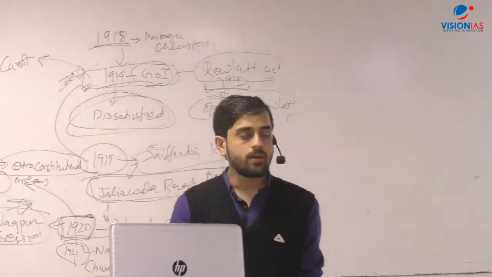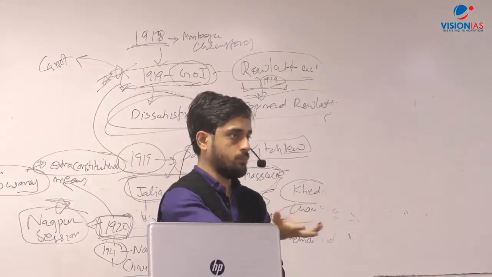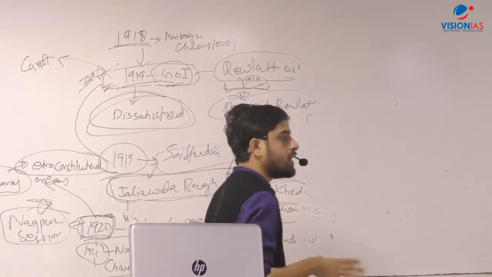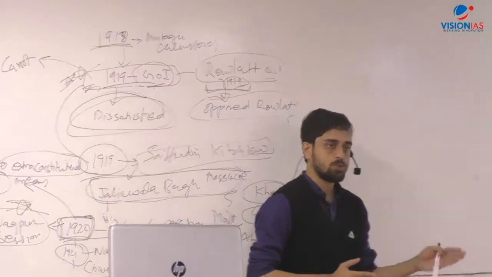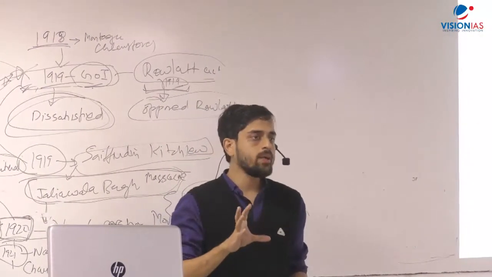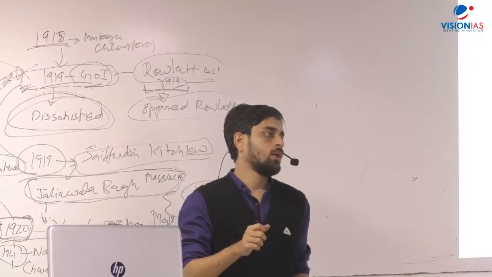While the moderates wanted to support the British, primarily expecting a return after the World War, Tilak by and large also wanted to reach a rapprochement with the Congress, and at the same time wanted to give the government an opportunity.